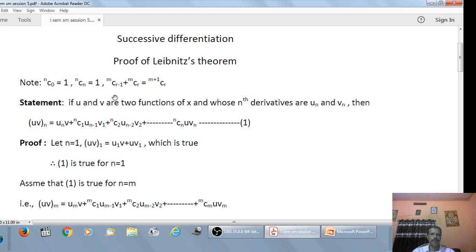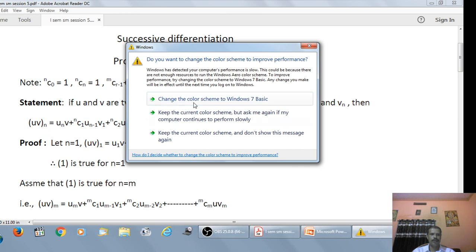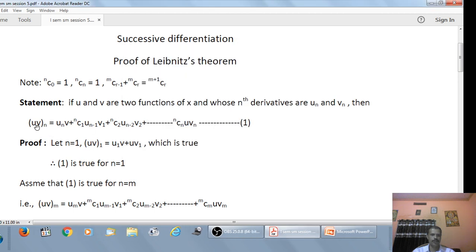This Leibniz theorem is for the nth derivative of the product of two functions. How can we get the nth derivative of the product of two functions?